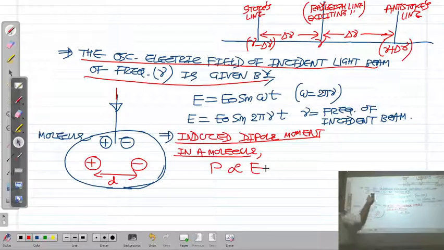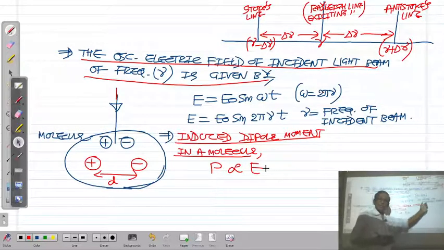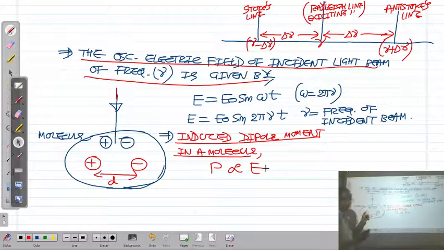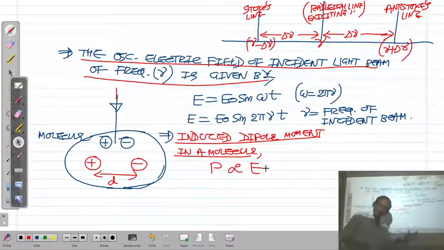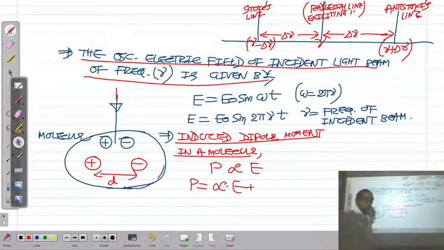The center of positive charge and negative charge are displaced relative to each other. As a result, dipole moment is induced in the molecule, and the induced dipole moment is directly proportional to the oscillating electric field of the incident light. P is equal to, I put some constant alpha into E. What is alpha?